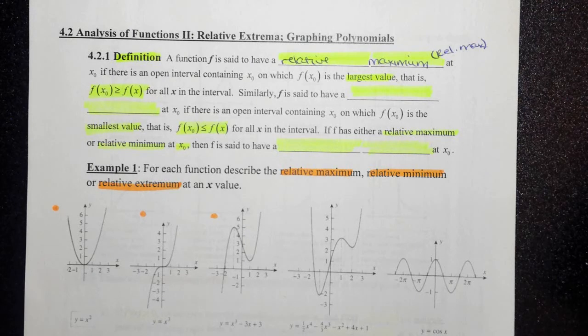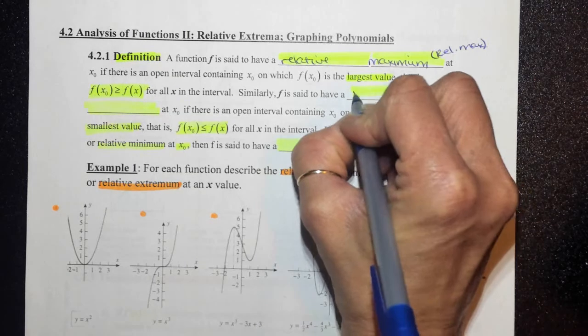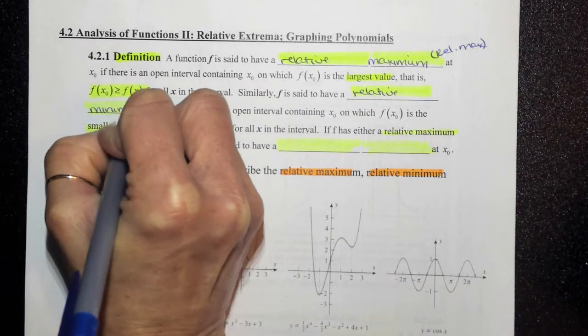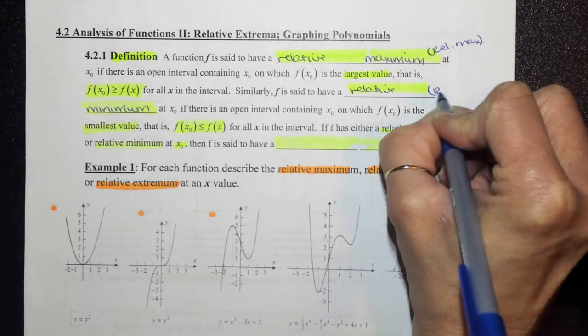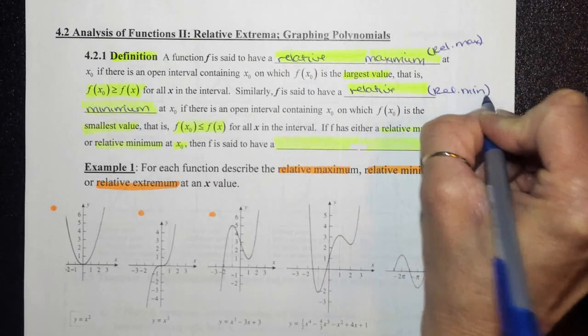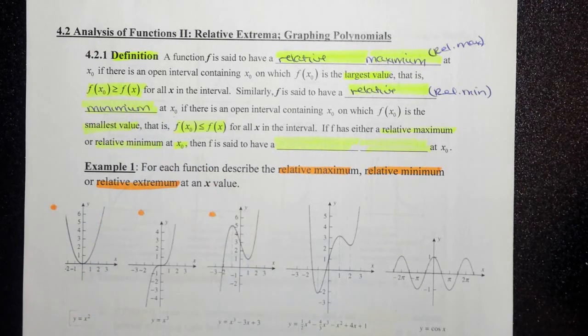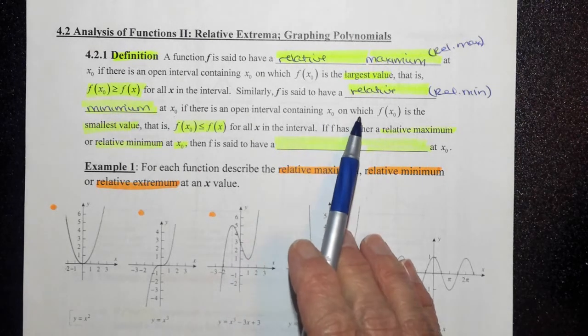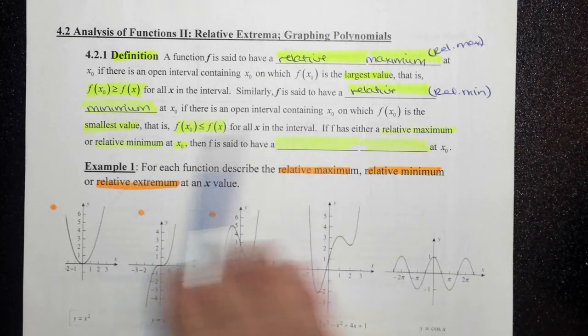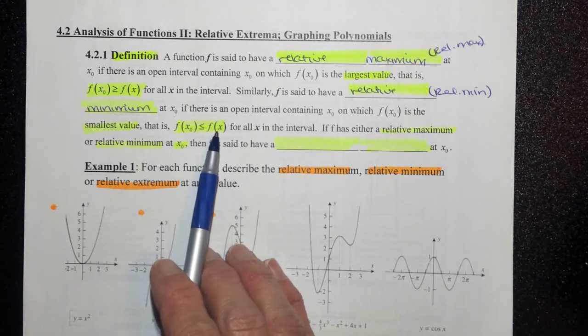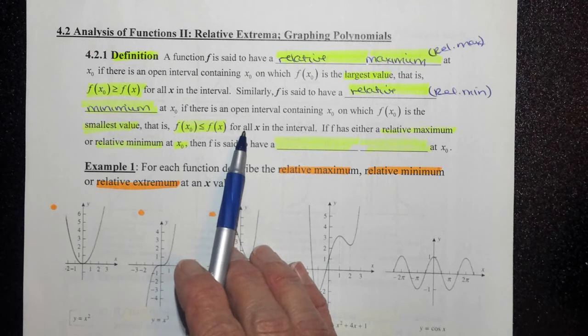Similarly, f is said to have a relative minimum, again abbreviated REL min, at that given x sub 0 value, meaning it's a numerical value, if there is an open interval containing that number on which the y value is the smallest value, meaning this y value is less than the actual function itself for all x's in that interval.